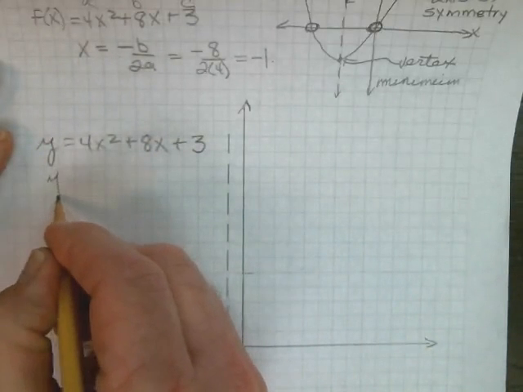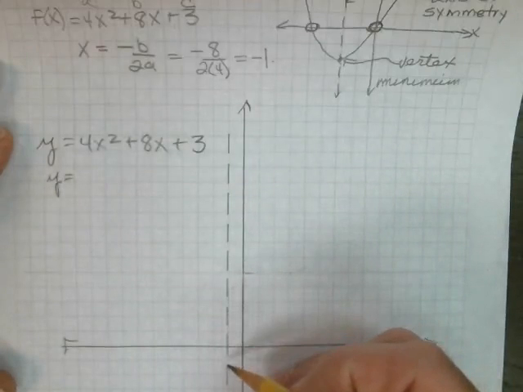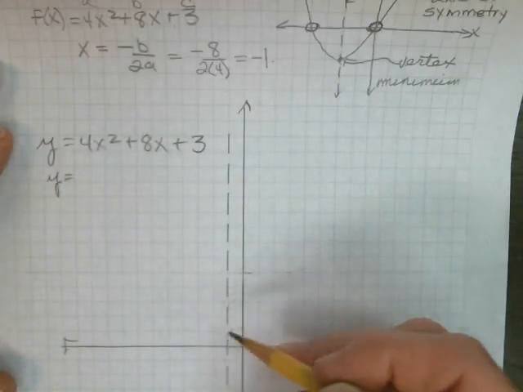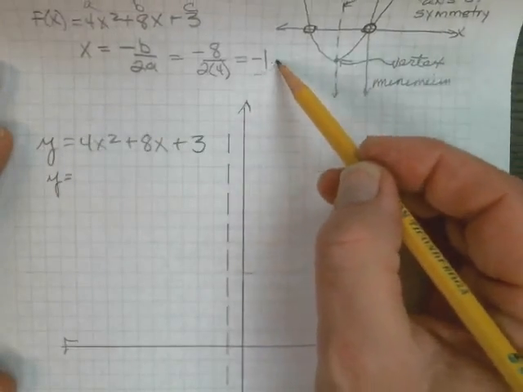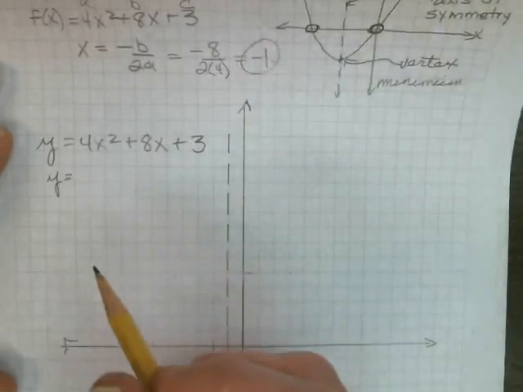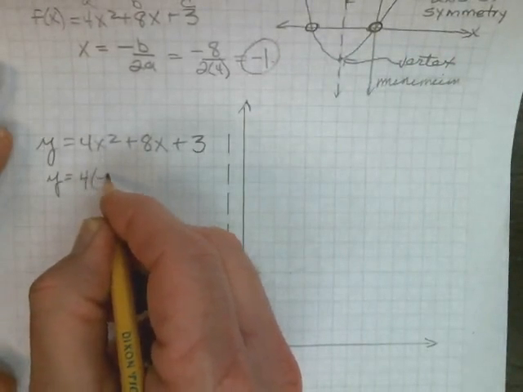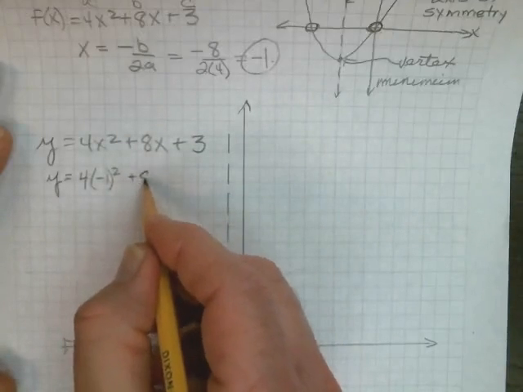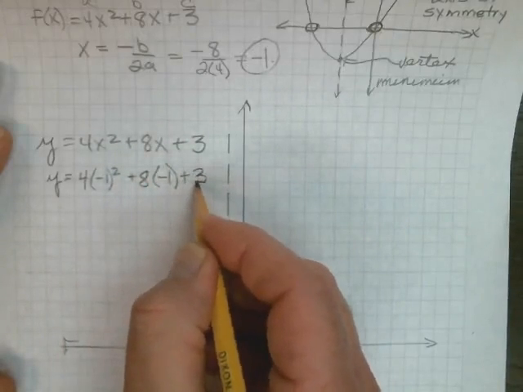So I'm going to say y, and we know the minimum is going to be on this axis of symmetry. So I'm going to set x to the value on the axis of symmetry there. So I'm going to say 4 times negative 1 squared plus 8 times negative 1 plus 3.